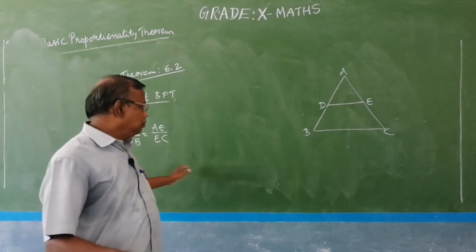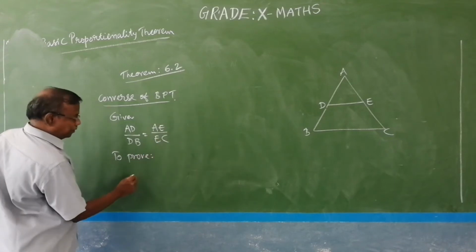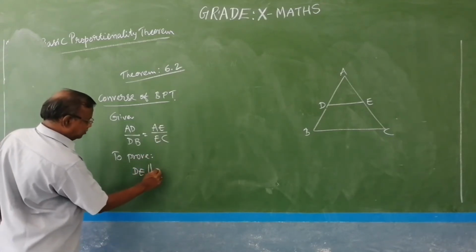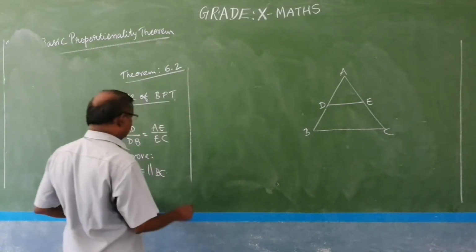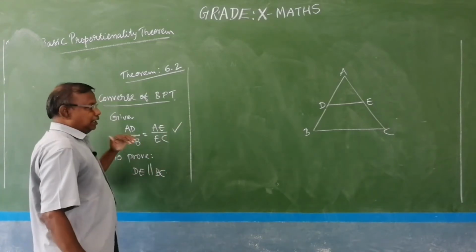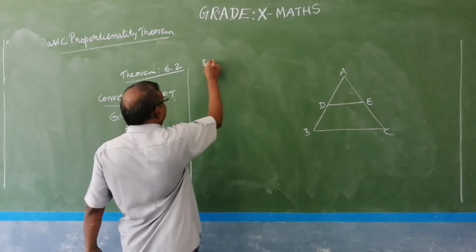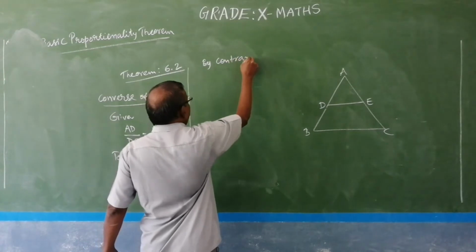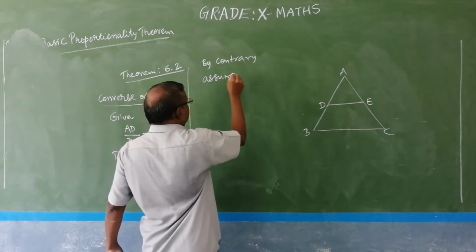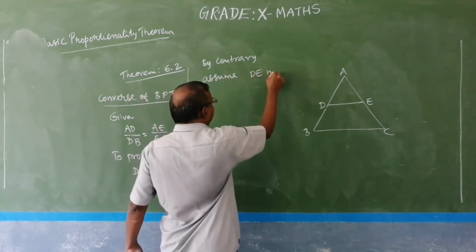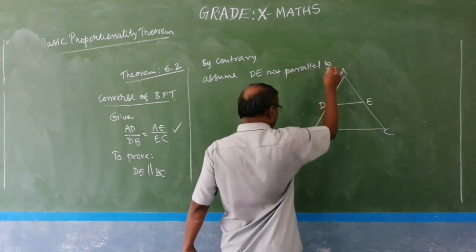So to prove: DE parallel to BC. It is given, so we must take this into account, but let us, on the contrary, assume DE is not parallel to BC.